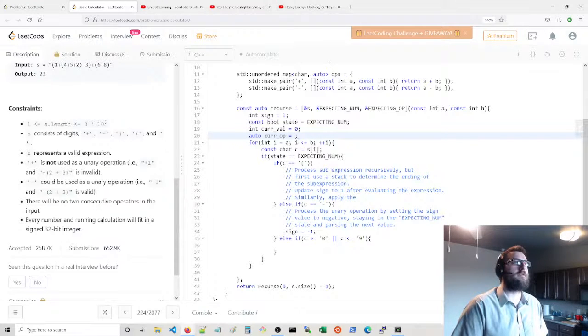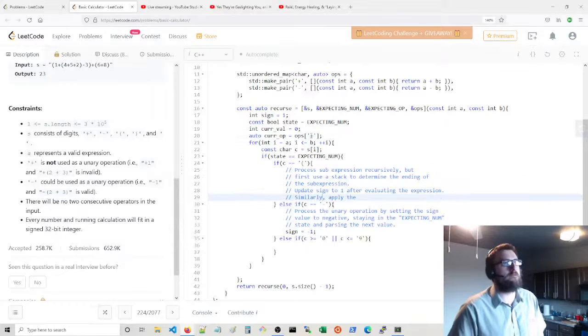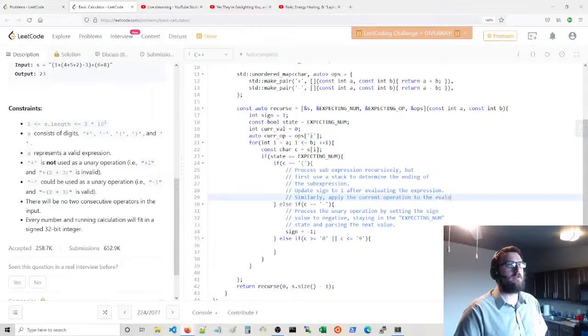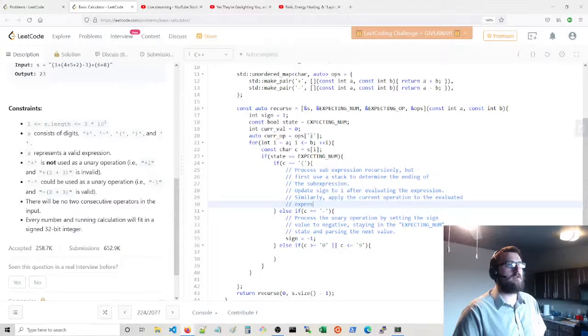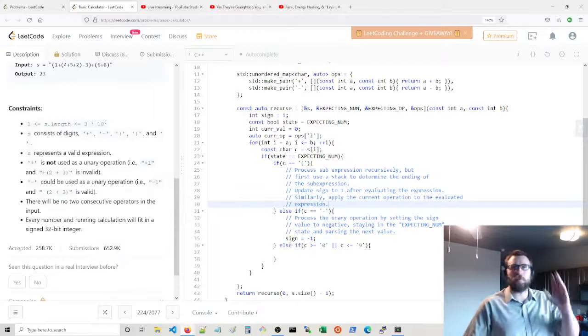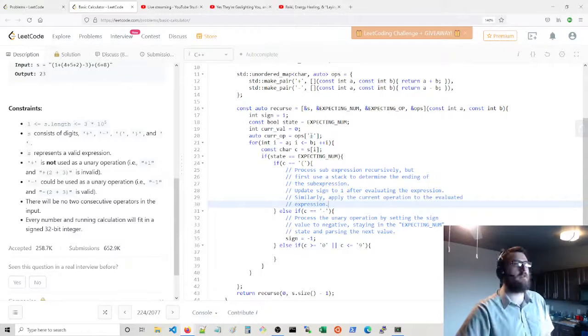So current op can be ops of addition initially. Apply the current operation to the evaluated expression. So basically every string will just have a 0 plus whatever you evaluate.